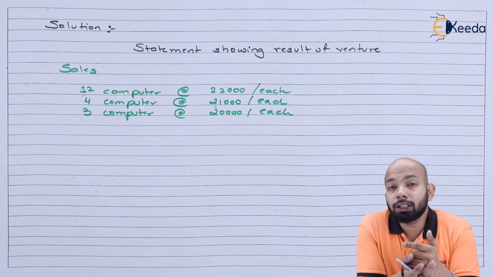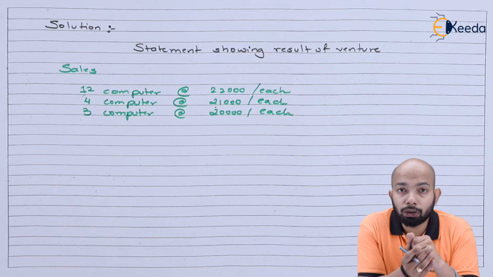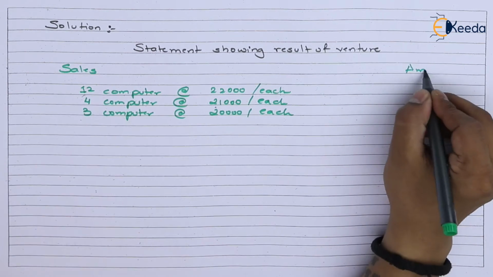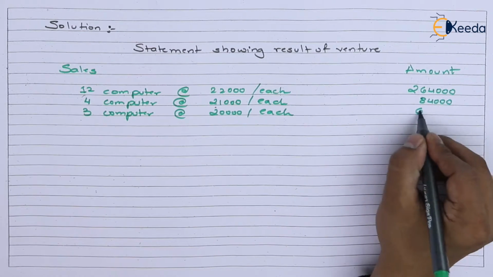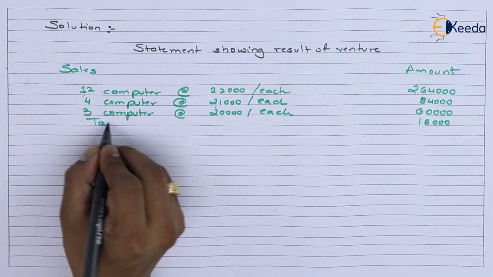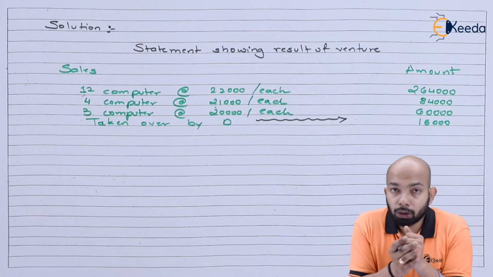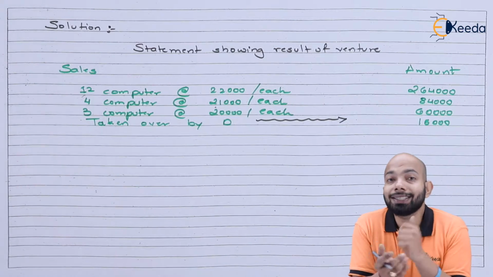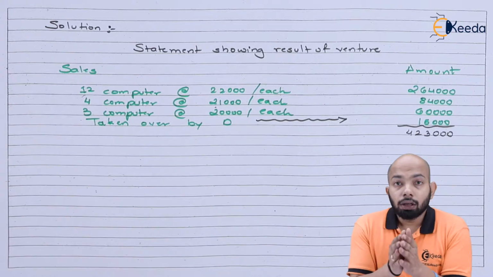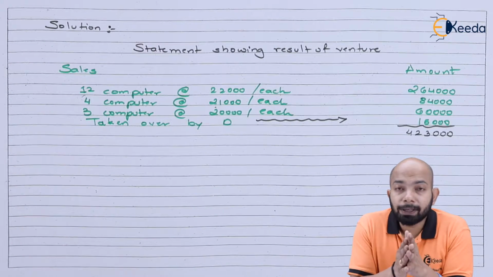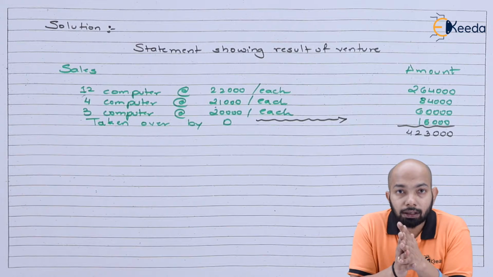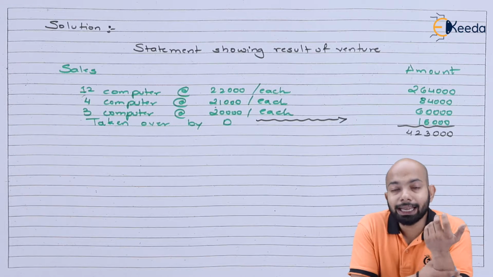So let's multiply the total first and figure out the actual amount of sales that has happened. So we've mentioned the total amount of sales here. Now, out of this sales amount, we have to subtract all the expenses, that means all the expenses done by D and M both.